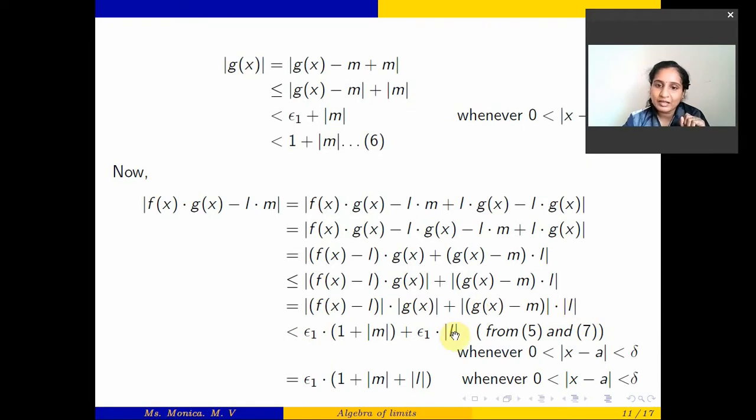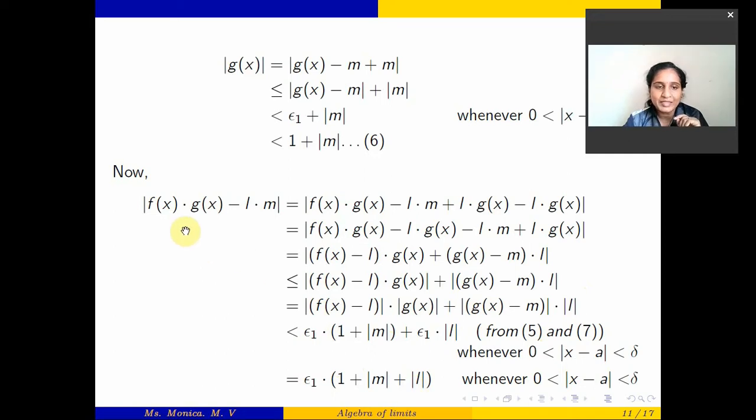So mod L, I will keep it as mod L. When is this condition satisfied? When do all these conditions get satisfied? When mod x minus a is less than delta and greater than 0. Now there are two terms here, epsilon 1 I will take common here. So this is equal to epsilon 1 into 1 plus mod M plus modulus of L.